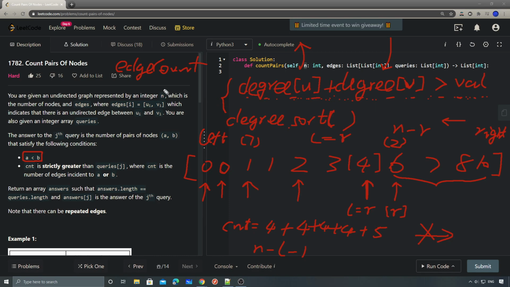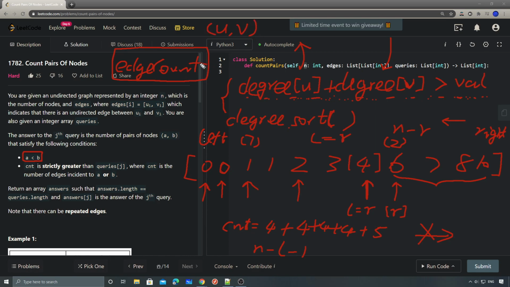We only need to loop through this edge count. Remember, we already have this edge count pre-processed. For this edge count, the key is the u and the v. It's a pair u and v, right?